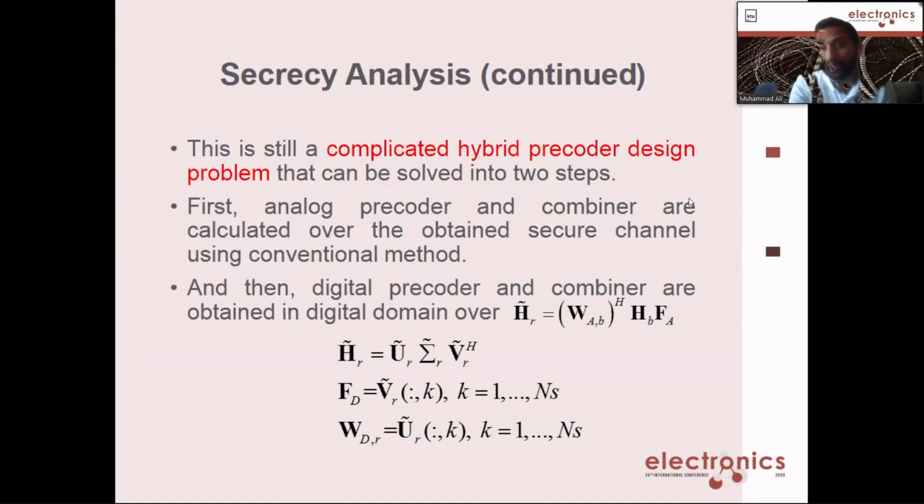For the digital precoder and combiner, we create the effective channel, which is the combination of the obtained analog combiner and analog precoder from the conventional method, and then apply the SVD operation. From the SVD operation, we get the UR and VR unitary matrices. By exploiting these matrices, we get the digital precoder and digital combiner.